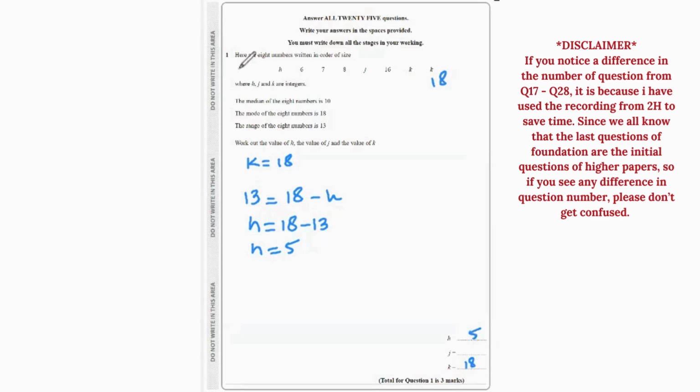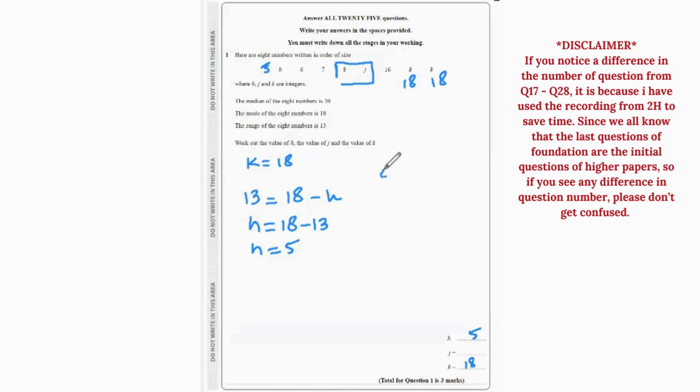Now for J, we know that the median of the 8 numbers is 10. Median is basically your middle value. We have a total of 8 numbers, which is an even number, so the data set has two middle values. These 2 are right in the middle, and the value that's right in the middle of 8 and J is going to be the median.